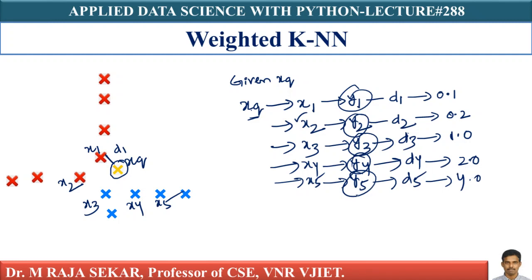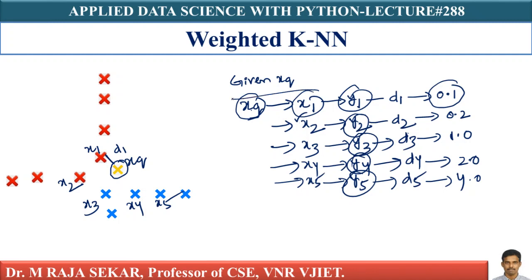Now one thing you notice here: for xq, the query point, x1 is very close, as I am assuming a distance of 0.1. For xq, x1 is very close as compared to x5.